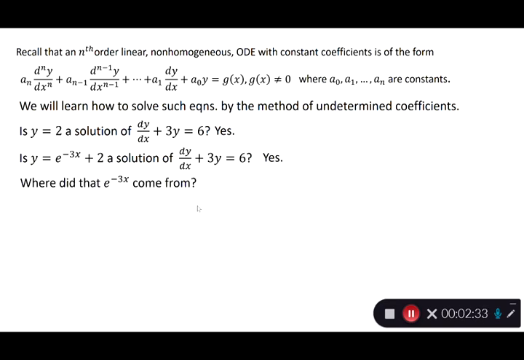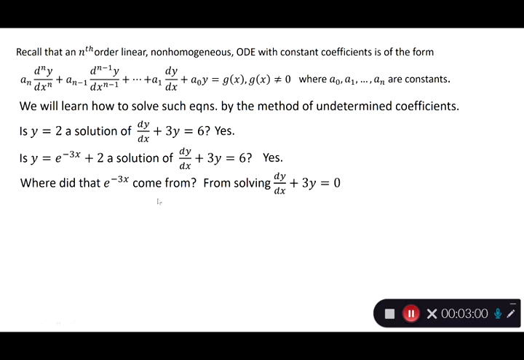So, the question is, where did that e to the negative 3x come from? Shouldn't we be satisfied that we showed that y equals 2 is a solution, and so that's it? No. The truth is, even if we add e to the negative 3x to this existing 2, that turned out to be a solution. And where did it come from?